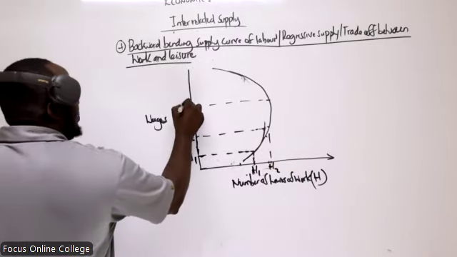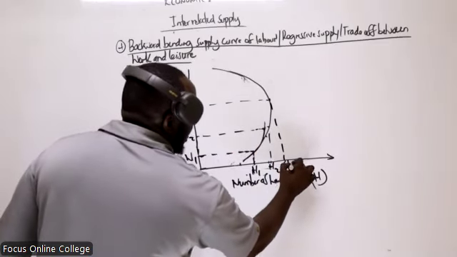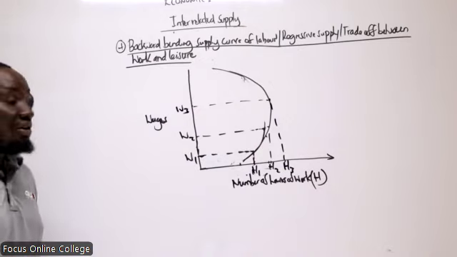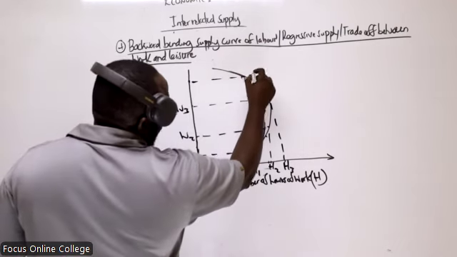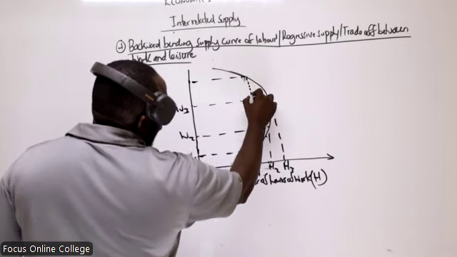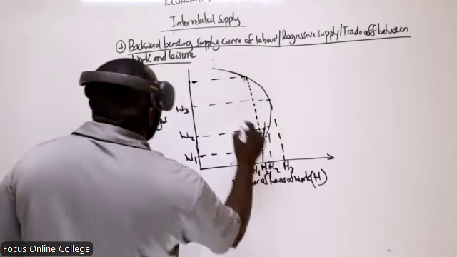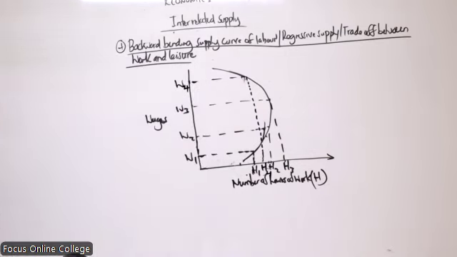When you move to wage 3, we can see H3 hours of work offered. And lastly, we have H4. We increase the wage to wage 4, and H4 hours are being offered for work.